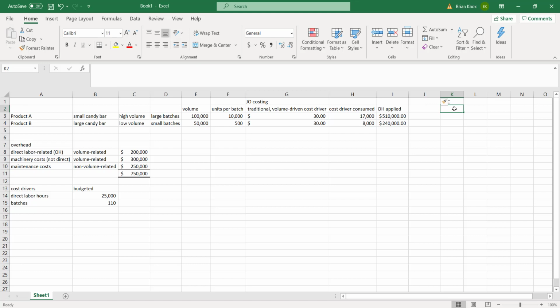We're going to say we have a volume-related activity pool. We'll go ahead and keep using our direct labor hours associated with this, and we have also a non-volume related pool here of 110 batches, $250,000. We're going to create a separate overhead rate for this one right here. So we're going to call this labor-related activities and batch-related activities.